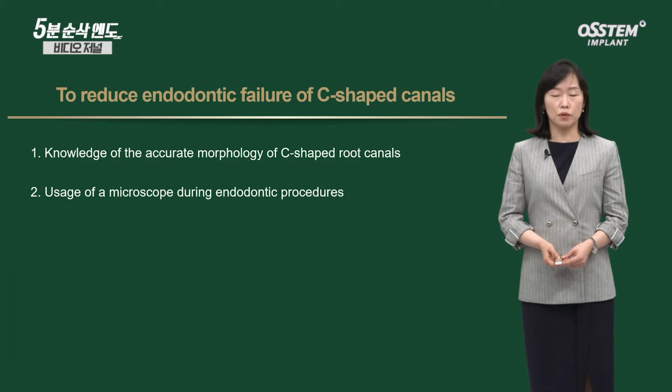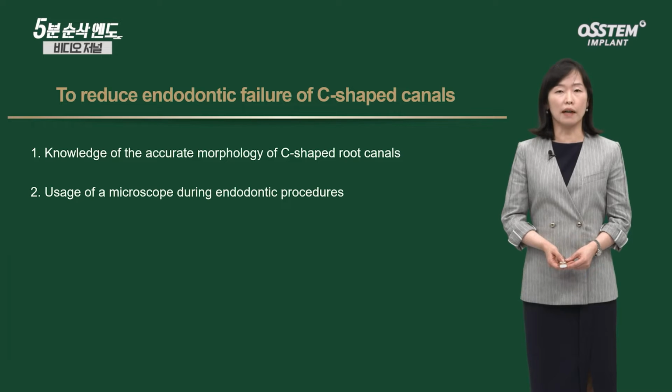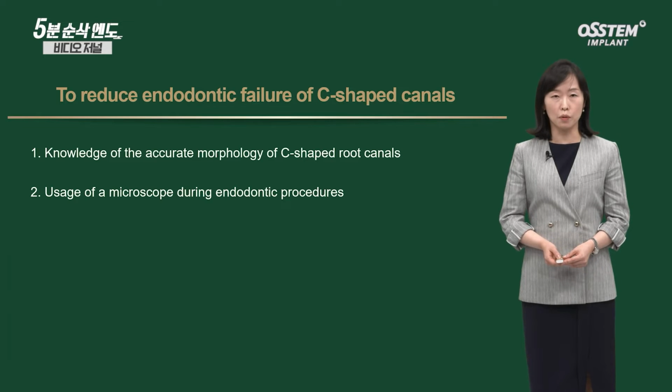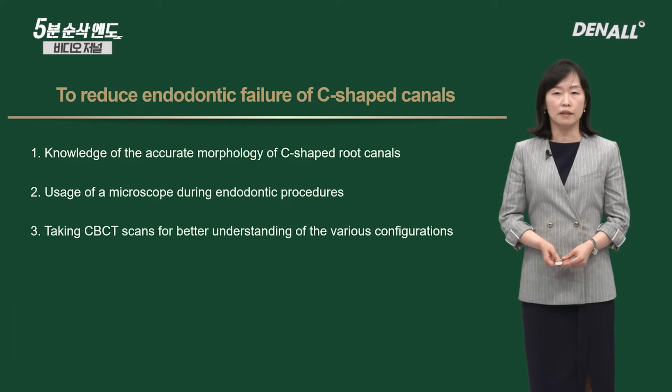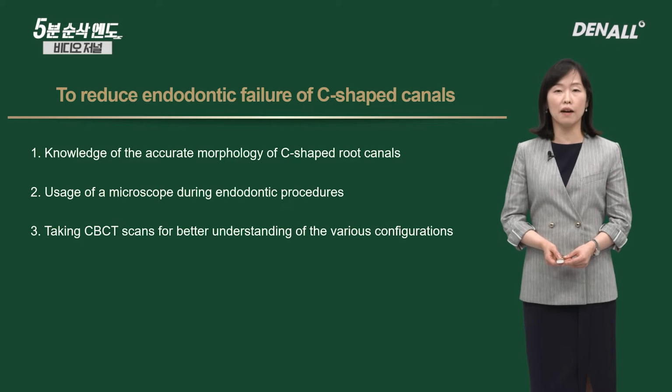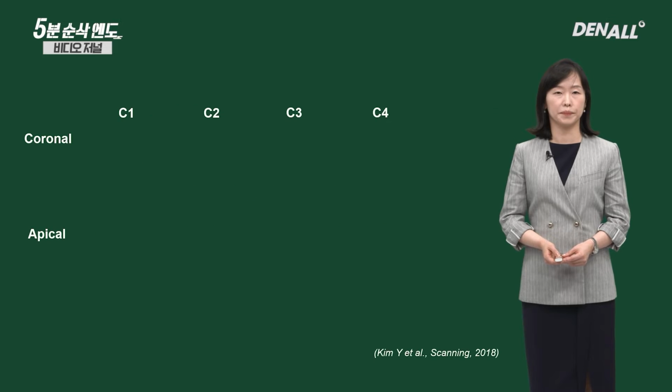In general, I use a microscope. When I go in the orifice, I try to understand the shape accurately. If it is vague, even when I use a microscope, I use CBCT to understand the form of the root canal.